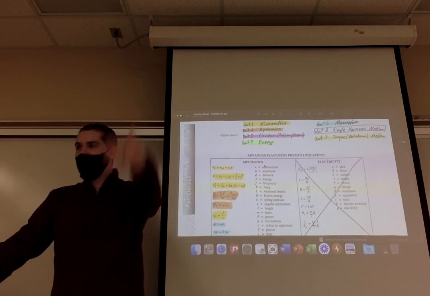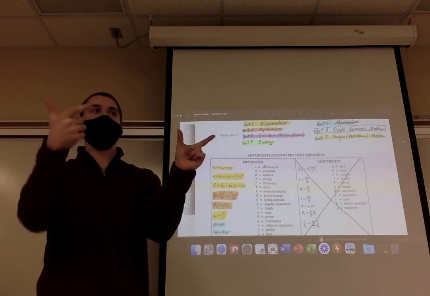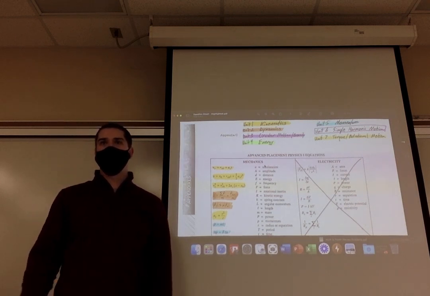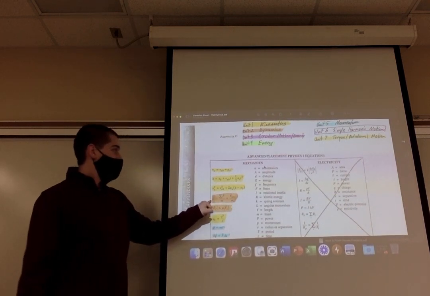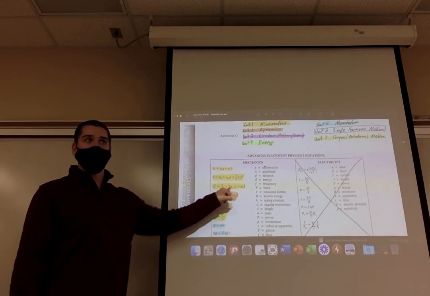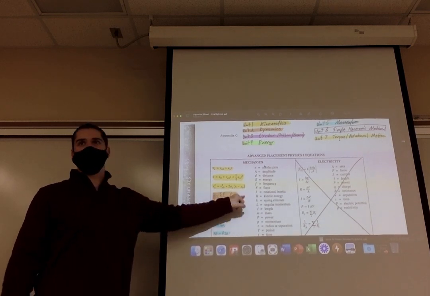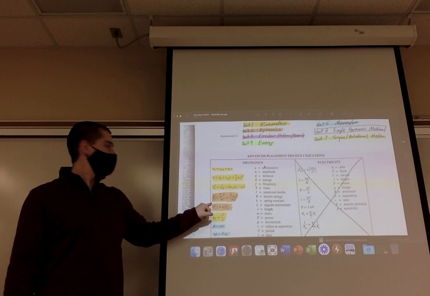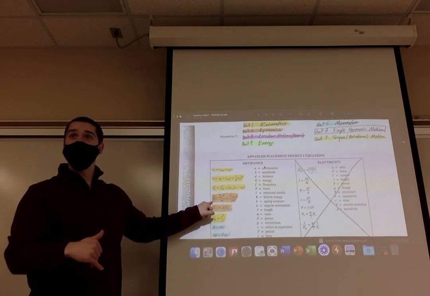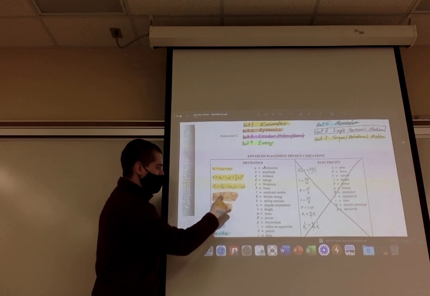So, anybody know the name of this equation? One of the most important equations in all of physics. F equals ma. It's written as a equals force over mass. If you multiply mass over, F equals ma. This is typically how true physicists like to see it.